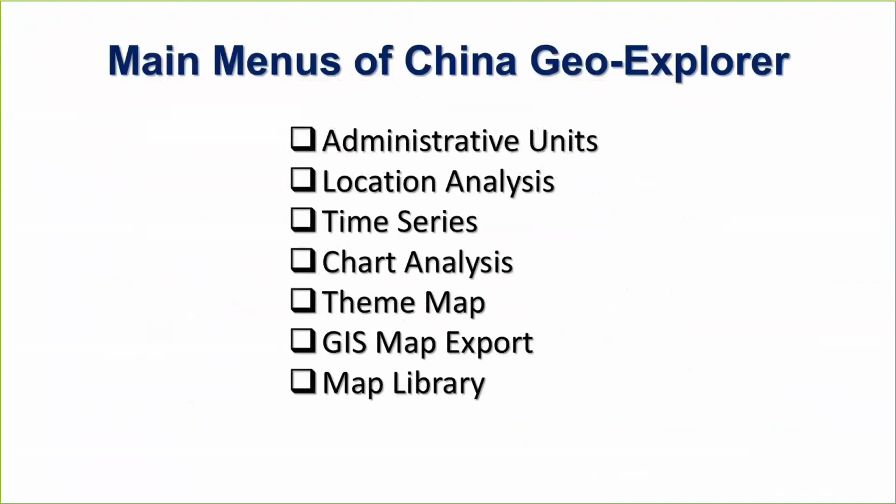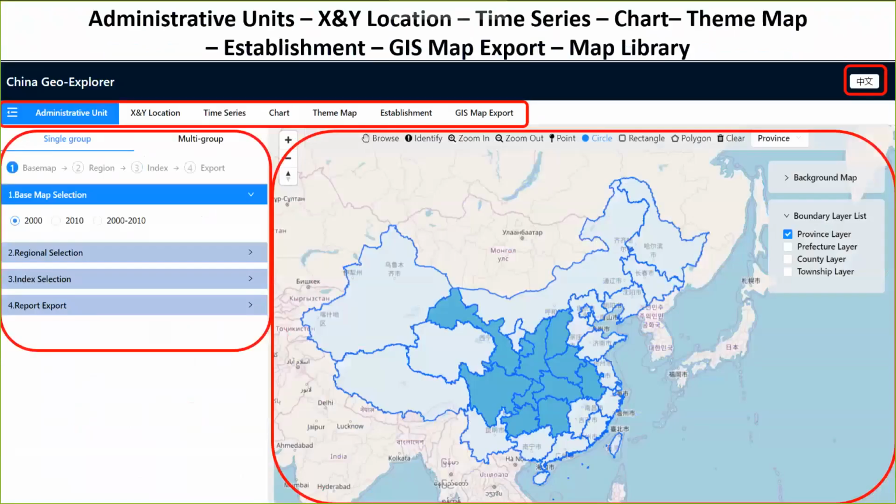We also provide a pre-compiled map library with more than 8 million maps for all the data from China Explorer, with complete map data. So you can search all the variables and all the different regions, easily generate professional maps, and also get all the map data and citation information for publications.